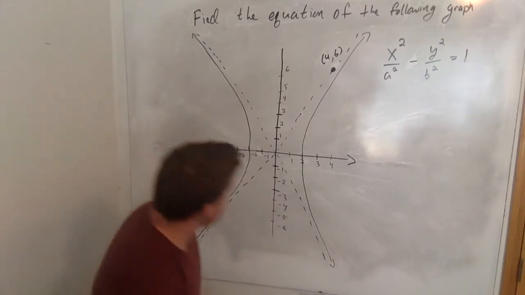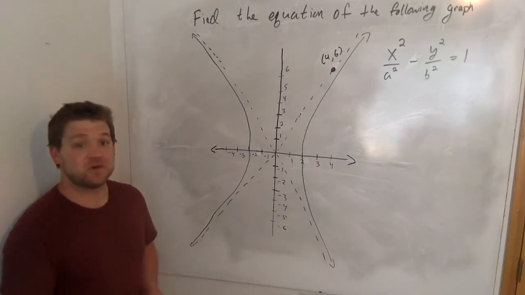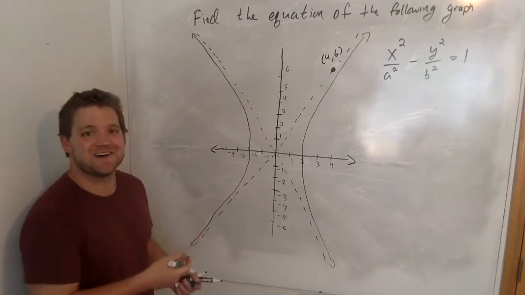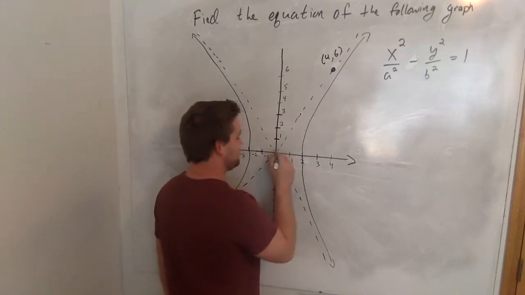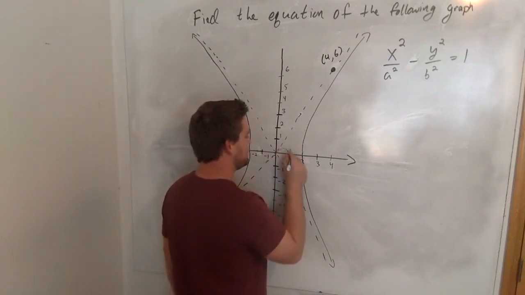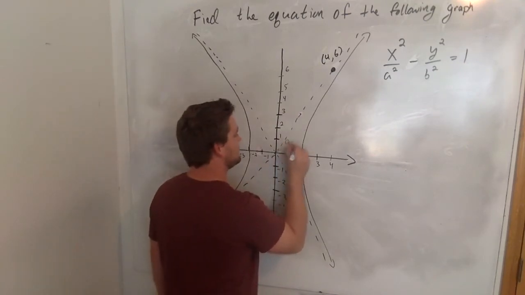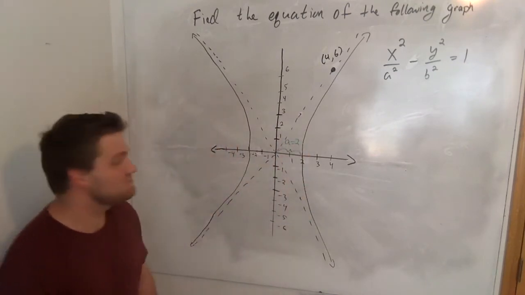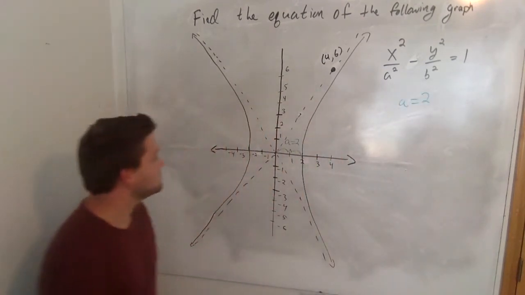Okay. So let's try to figure out the distance from the center to one of the vertices. That'll tell us the a value. So from the center to this vertice, well, this distance is 2, so this says that a is 2. So we have that a will be equal to 2.